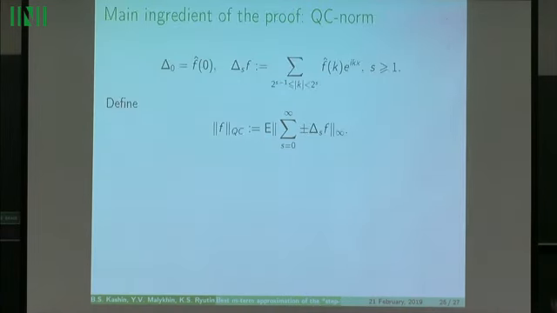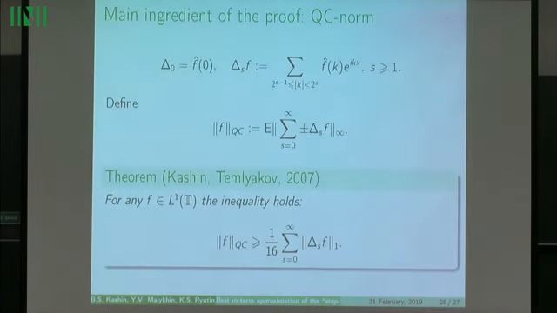And here is a very useful inequality which is important in this proof. It's an inequality from the paper by Kashin and Temlyakov from 2007, where they introduced this notion of QC norm. So I use dyadic decomposition.